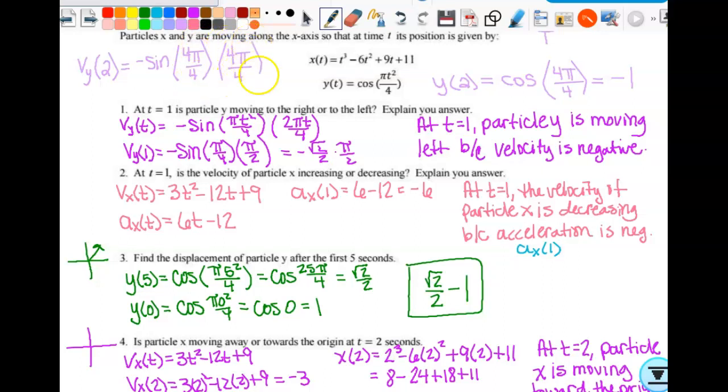Is that right? My arithmetic? All right, so clean this up. We're looking at the opposite of the sine of pi. What's the sine of pi? 0. And then multiplied by pi, still 0. So the velocity of particle y at time 2 is 0. So what does that mean?